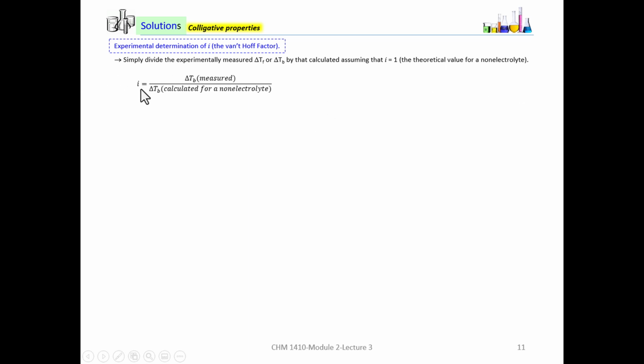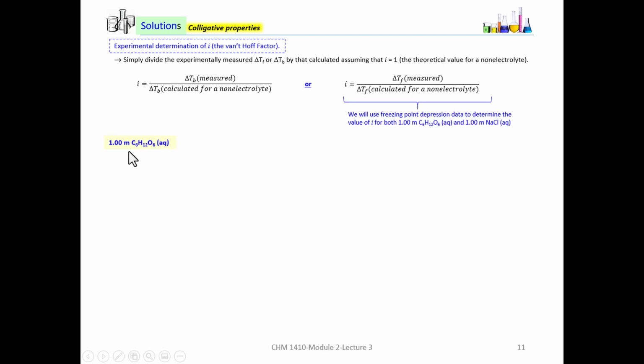We're going to say that our Van't Hoff factor will be the measured boiling point elevation divided by the boiling point elevation calculated for a non-electrolyte, or we could do the other, and that would be calculate i by measuring the freezing point depression and dividing that by the freezing point depression we would calculate for a non-electrolyte. Again, let's do some examples to see if this makes any sense.